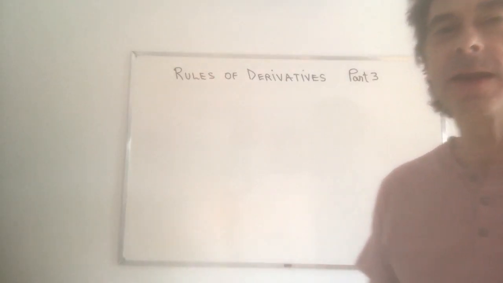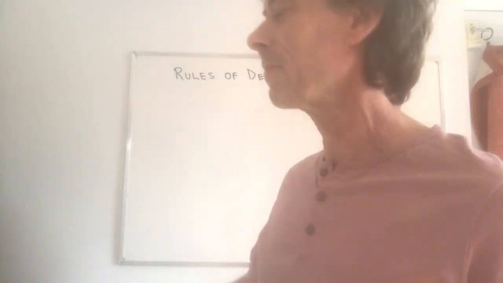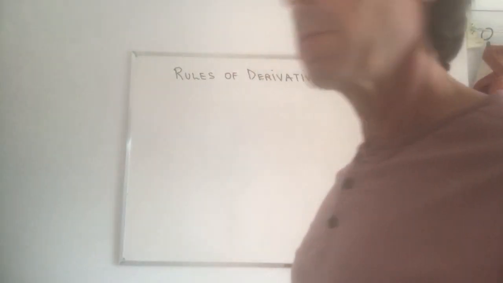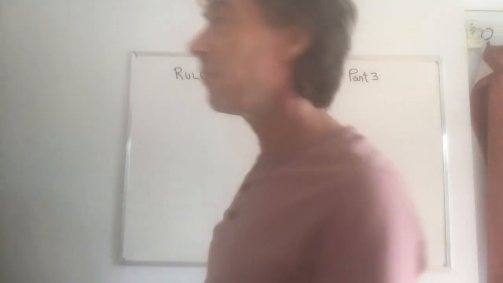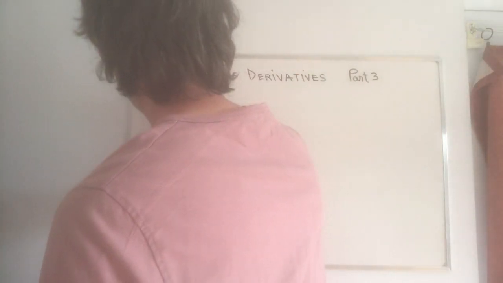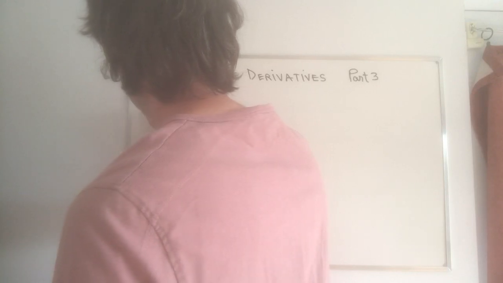Hello everybody and welcome to the third part on rules of derivatives. So let's summarize a little bit what we have done in recent hours and recent days. We have a few rules under our belt, namely we have that the derivative of c is known.